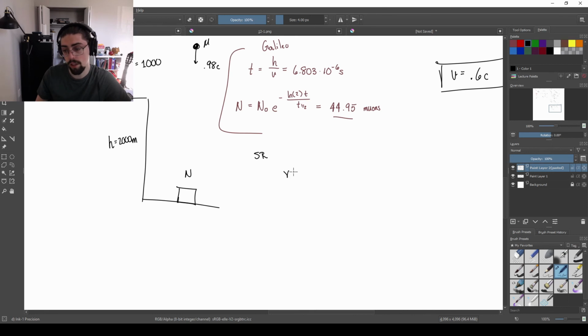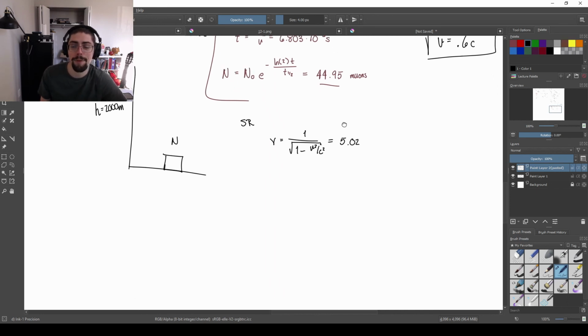So in this case, when we plug in these values, our 0.98 c for our velocity, what we end up finding is that we've got a gamma value of 5.02. Right? So that's certainly large enough to make some wacky things happen.